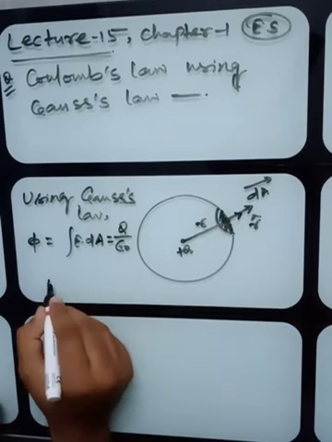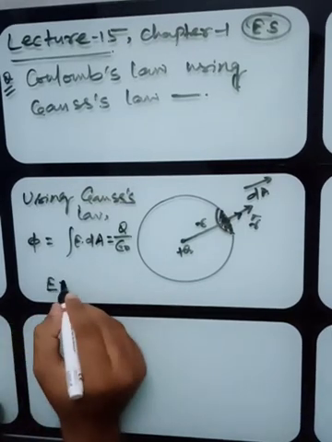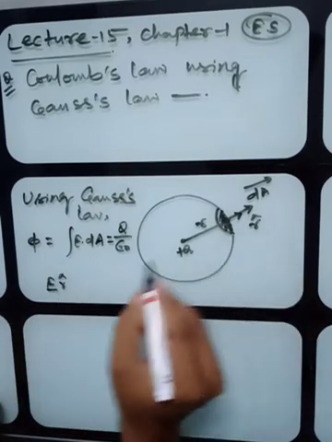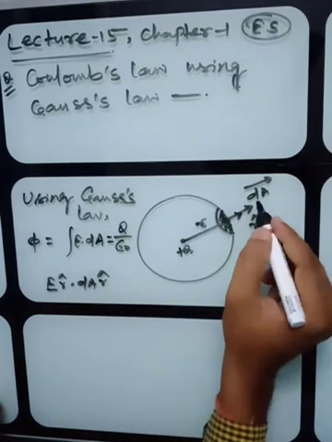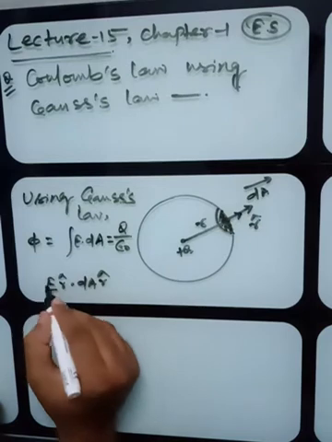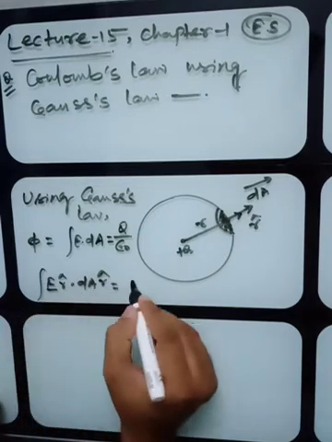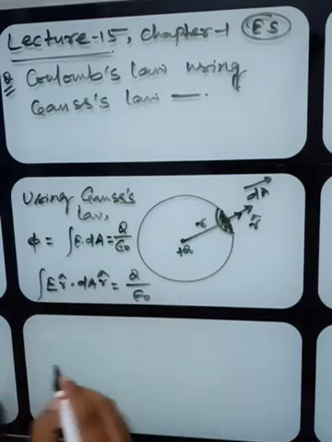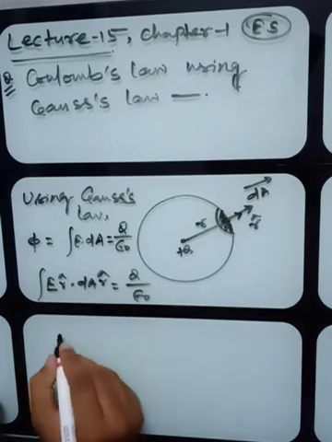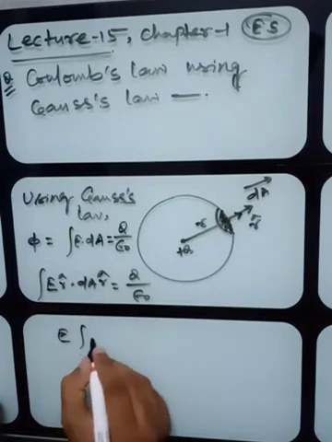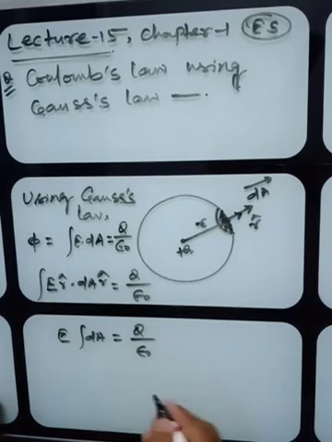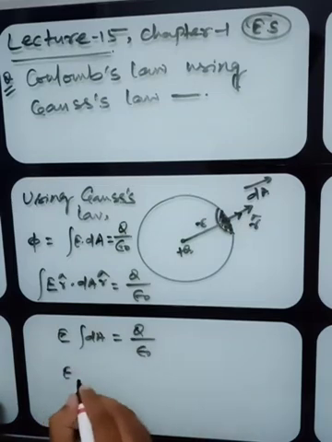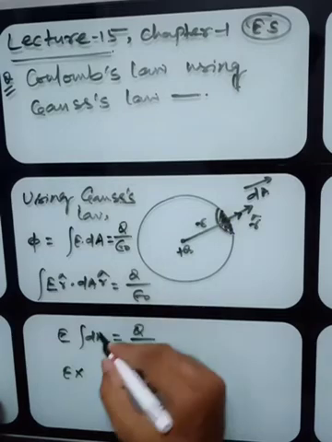Now E r cap, radially outward, dot dA, again r cap, since the area vector is also in the same direction, equals q by epsilon naught. r cap dot r cap is 1, here E will be taken out, and the integral of dA, it is q by epsilon naught. Now E times integral of dA.